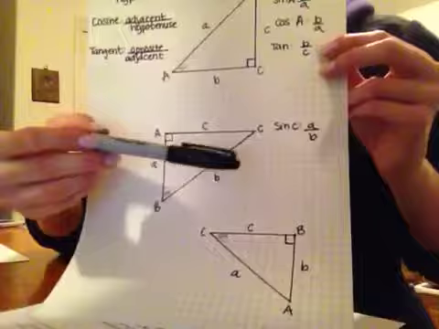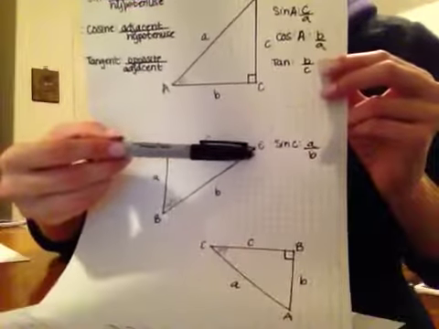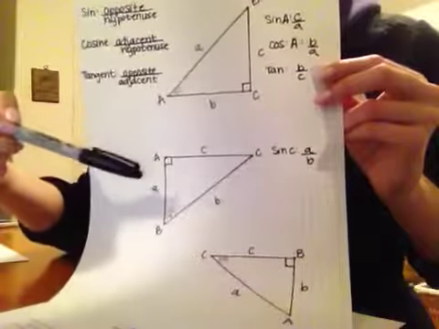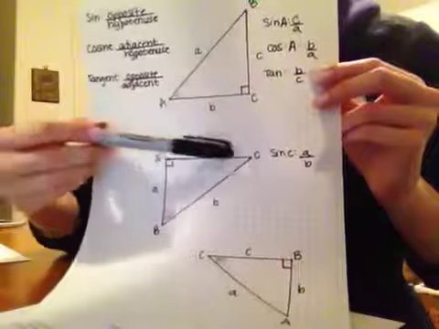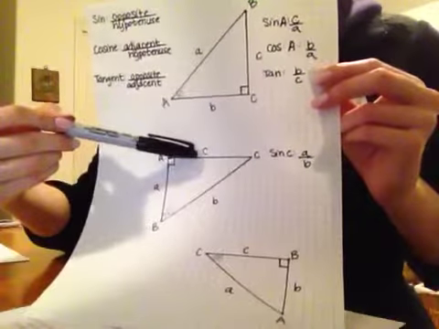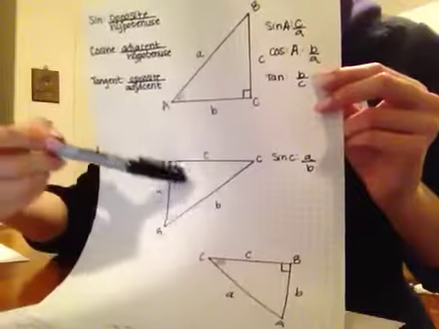If we wanted to find the cosine of C, angle C, we would go adjacent is side C because it's right next to the angle, and we would go hypotenuse, which is B, right across the way from the 90-degree angle.